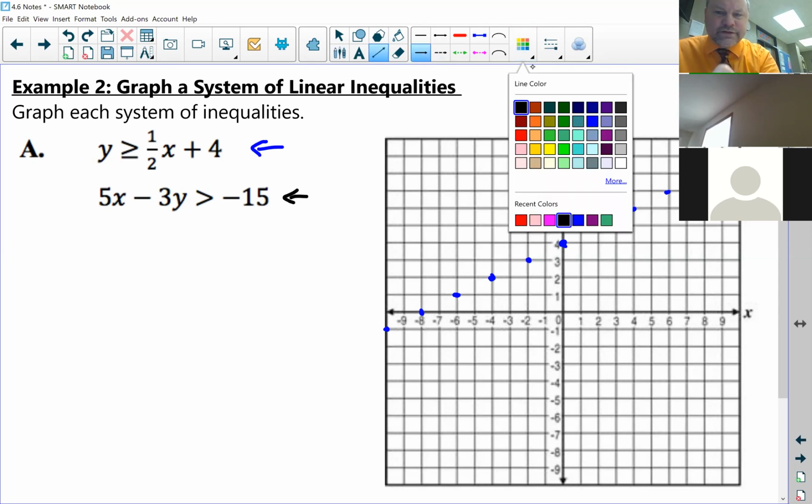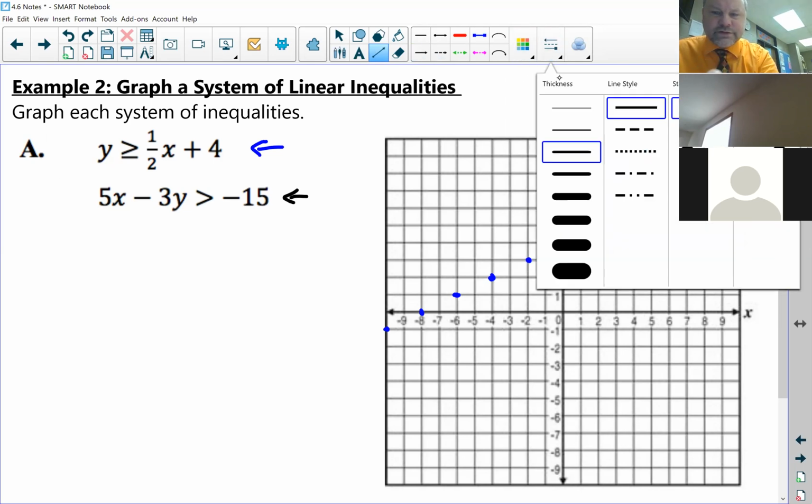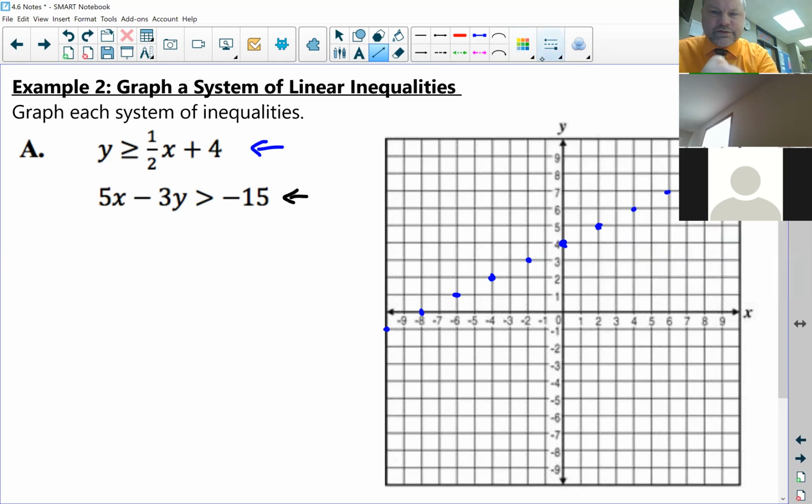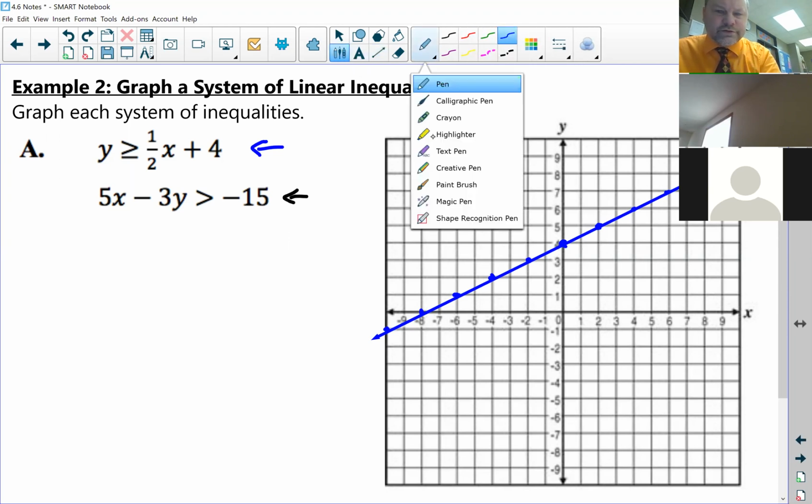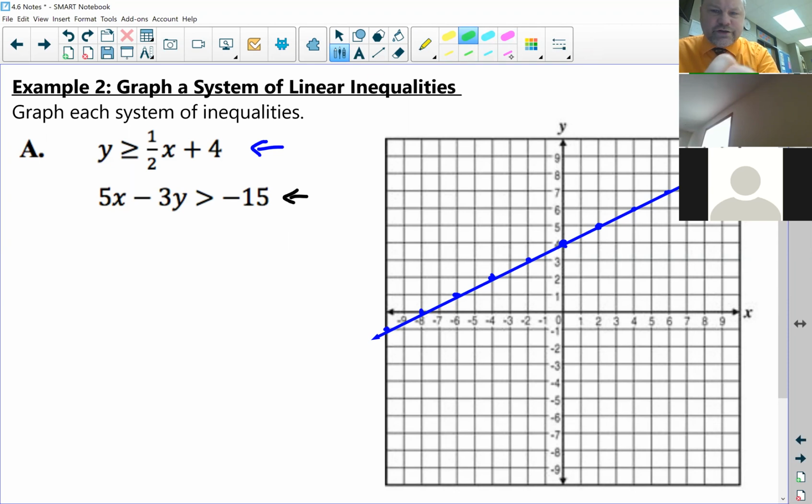Solid line. And it's greater than, so we shade above.